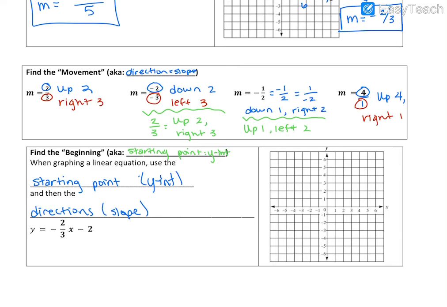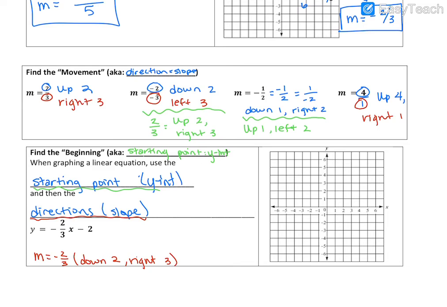And the starting point is going to be your y-intercept. So here, what we want to start with is we want to identify the directions and we want to identify the starting point. So the directions here, our slope is negative 2/3. That tells you this is going down 2, right 3.